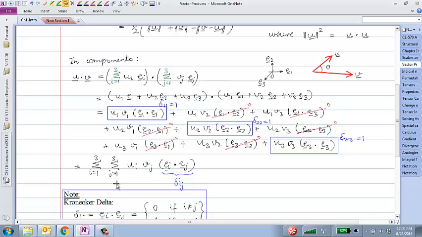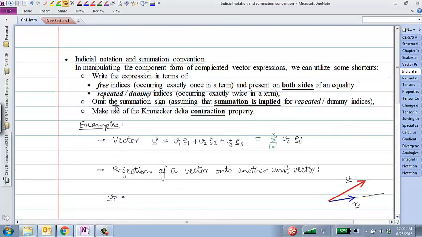So we will use this convention, which is called the summation convention, that any time in an expression we see two i's or two j's or two indices, we'll assume that there is a summation over it. And we're going to define this expression as simply vi ei.